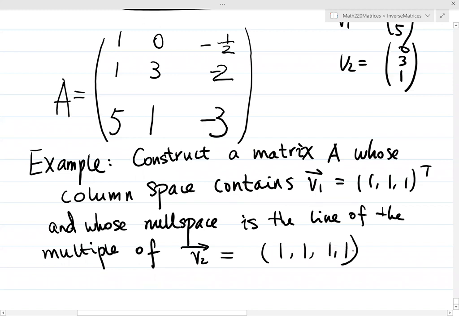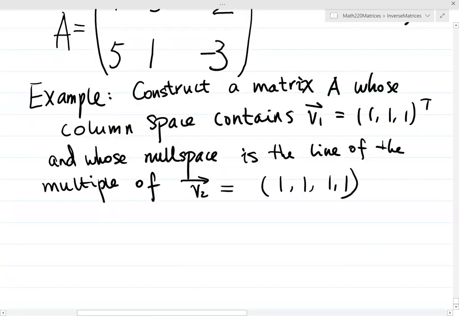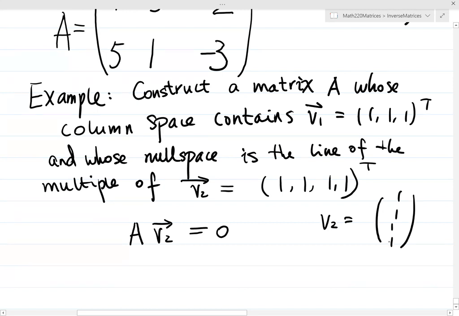Okay, now we want a matrix A. A multiplied by v2 equals 0, since v2 lies in the null space. V2, written as a column vector 1, 1, 1, 1, has 4 rows and 1 column.